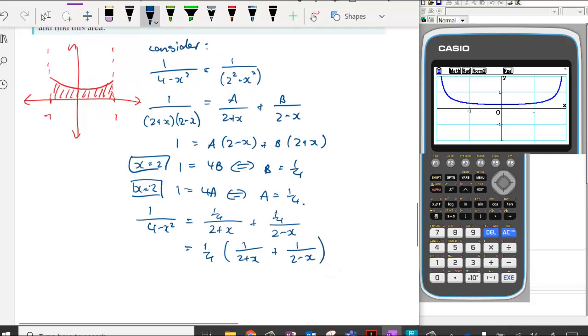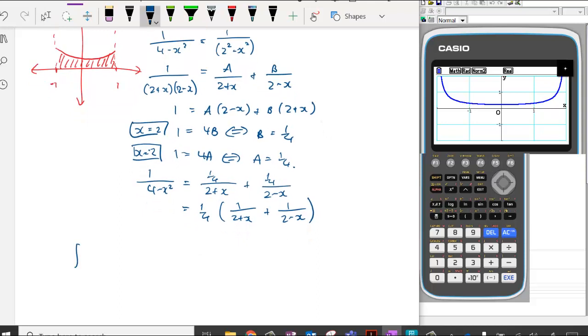Now we can actually look at our area by examining the integral of 1 on 4 take x squared between 1 and -1, or by symmetry we could say that it's 2 times the area between 1 and 0.